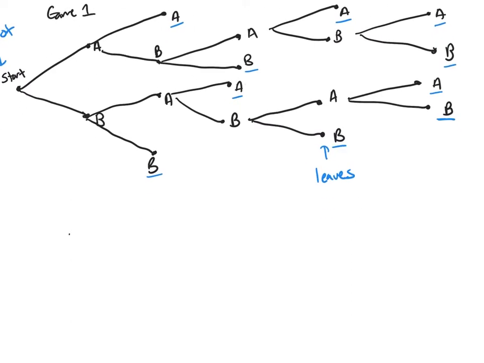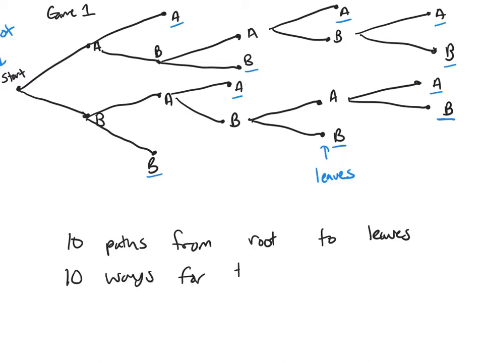So there are 10 paths from the root, which is where we started, to the leaves, which were the last possible game to be played. So basically, there are 10 ways for the tournament to be played. So my answer is 10.